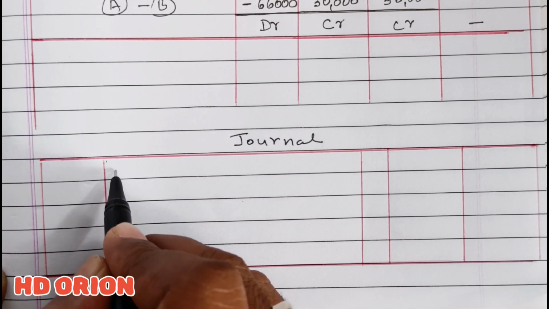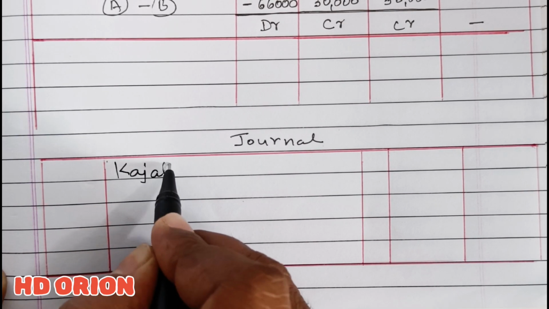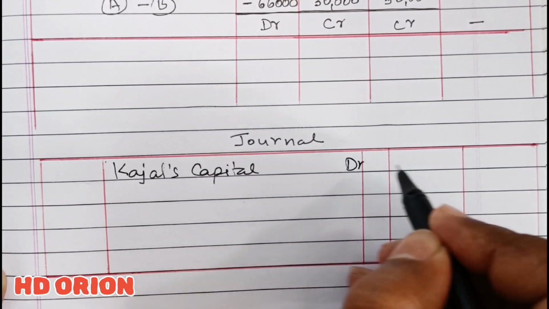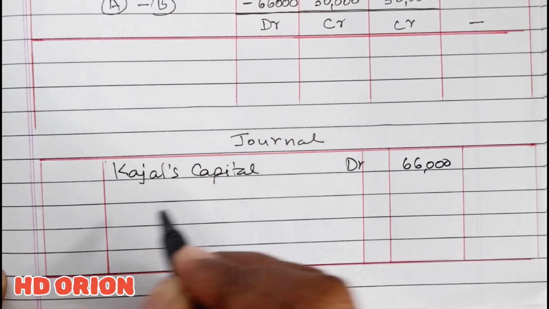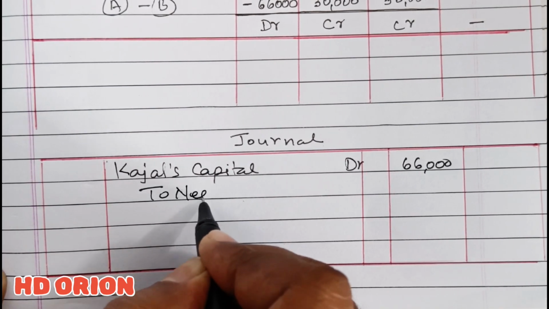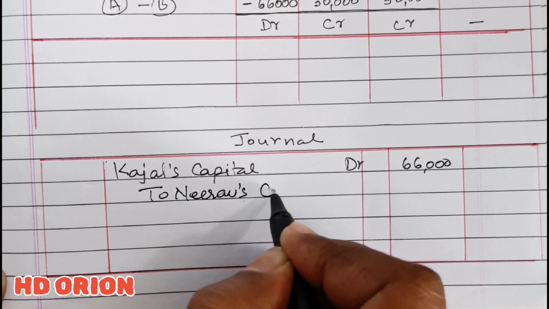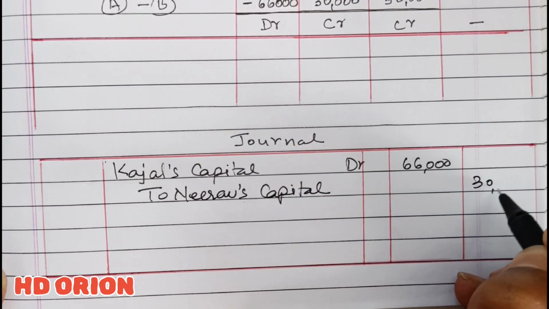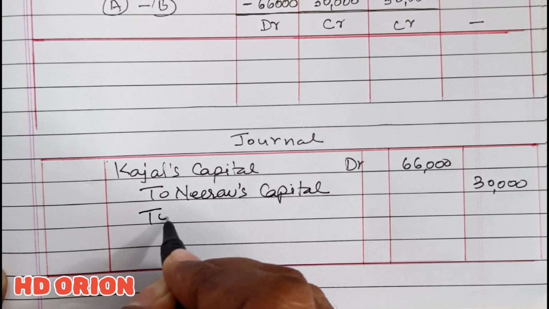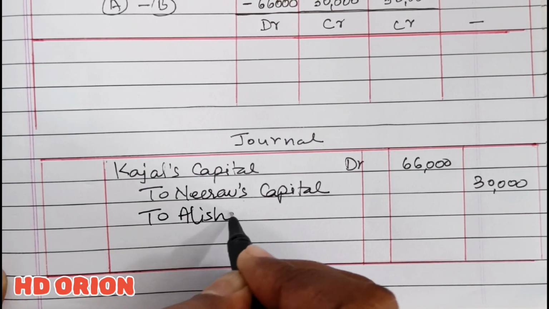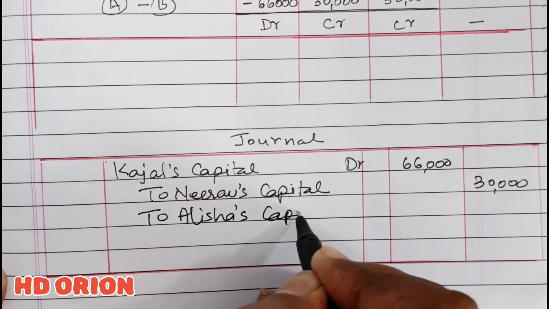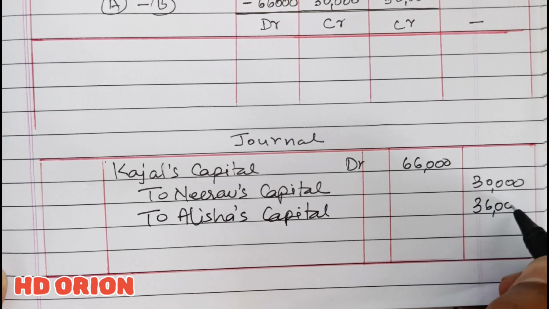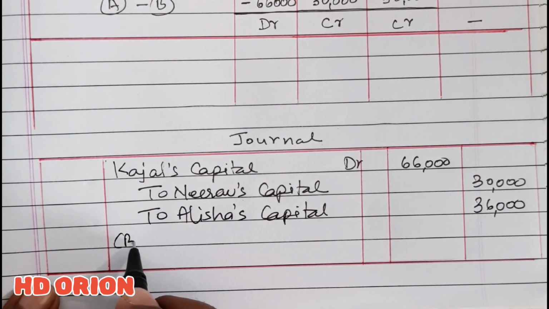So Kajal's capital account debited 66,000 rupees to partner Nirav for rupees 30,000 and to Alicia rupees 36,000, being adjustment entry passed.